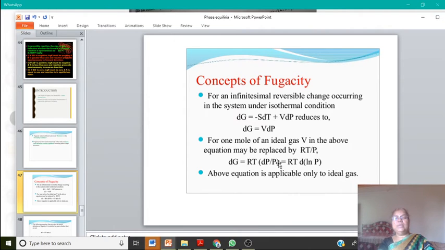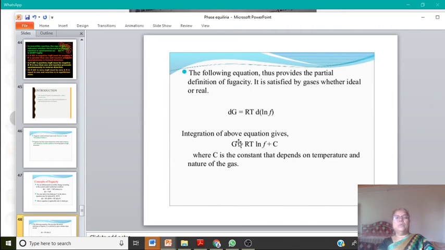And Lewis applied this equation to the real gases. The following equation thus provides the partial definition of fugacity, or mathematically fugacity is defined as dG is equal to RT d ln f, where R is the gas constant, T is the absolute temperature, and f is the fugacity.